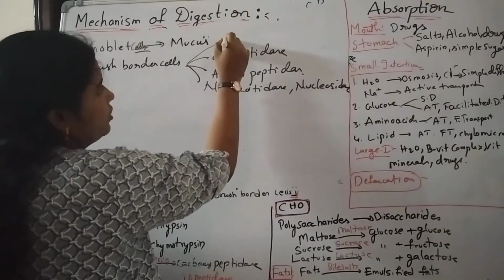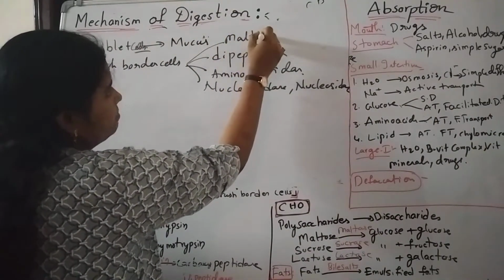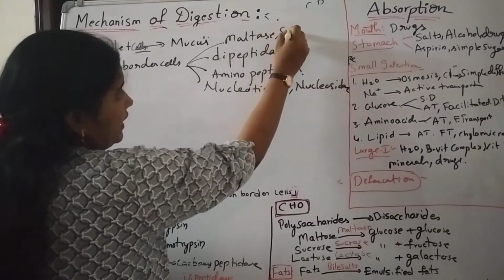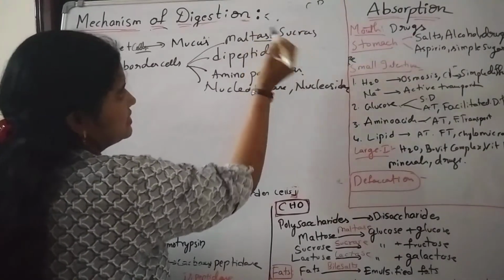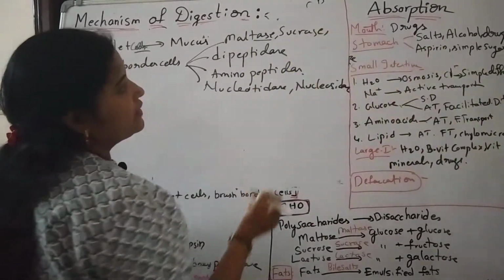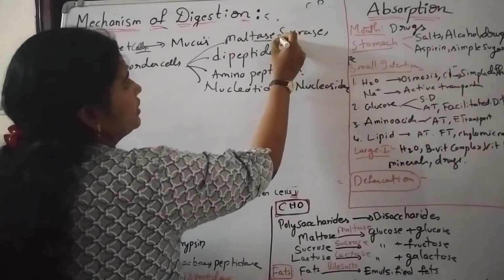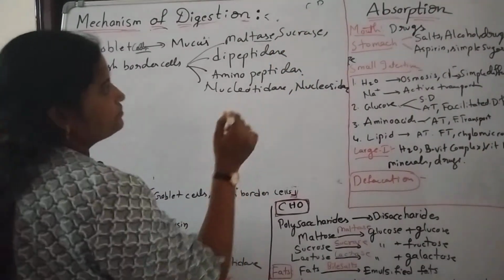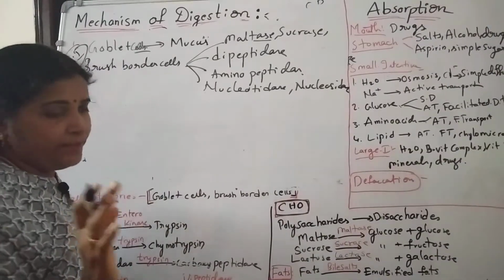The enzymes responsible there are maltase, sucrase, and lactase. See, ase means enzyme. Maltase and sucrase are going to break down sugars here.